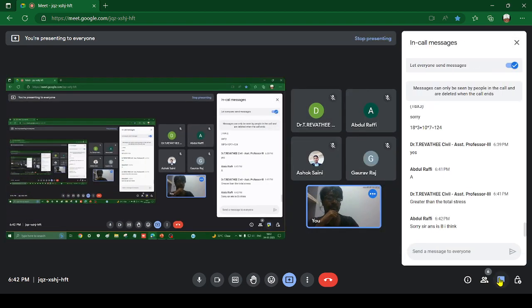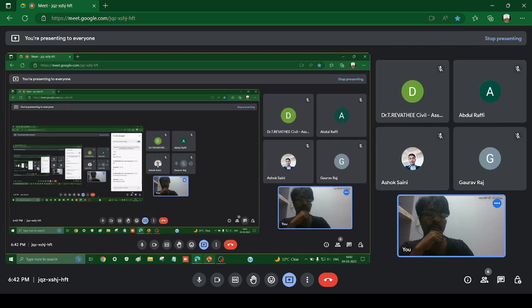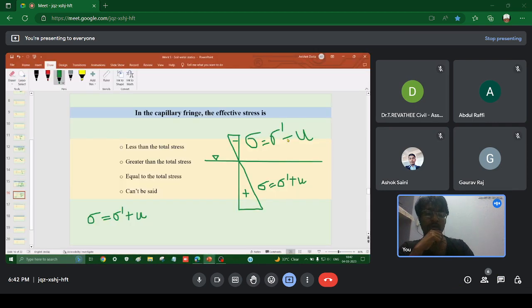Sorry, sir, answer is B, I think. Greater than the total stress. Yes. Yes, answer is B, greater. Okay. So here the effective stress is total stress plus U. So effective stress is more than the total stress. Okay. And one interesting thing is at this level, at this junction, okay, what is the value?